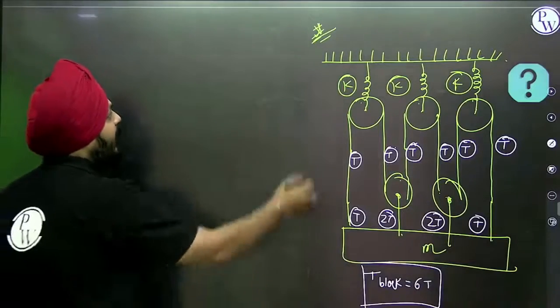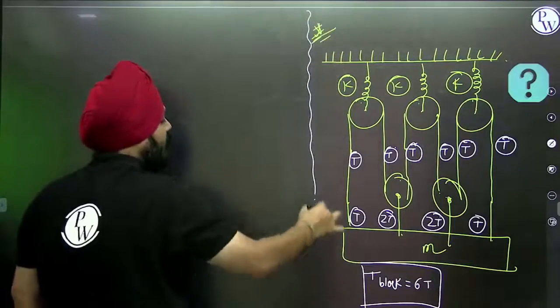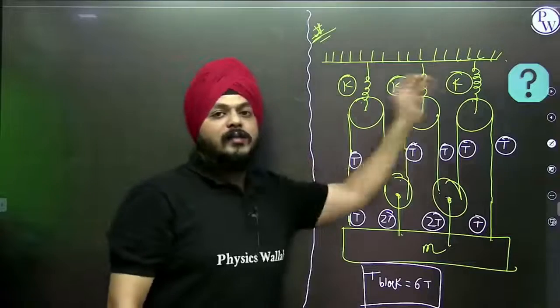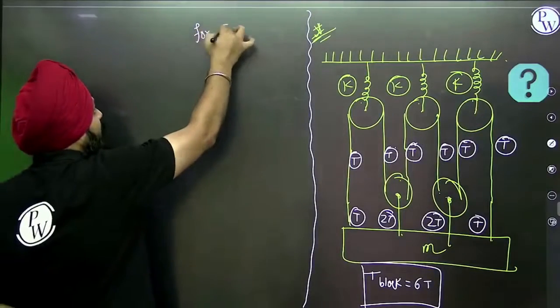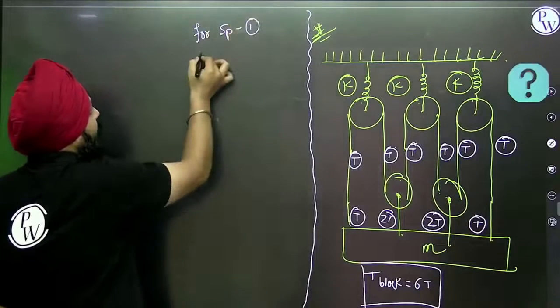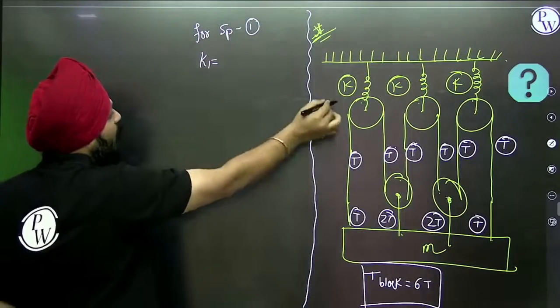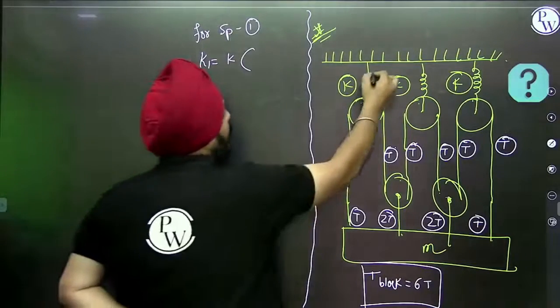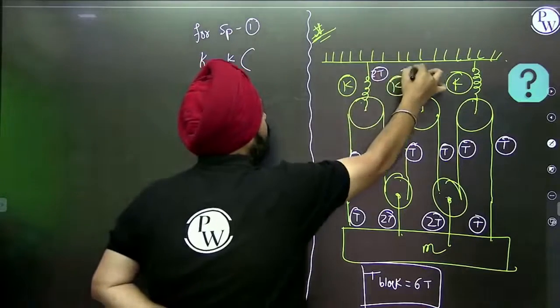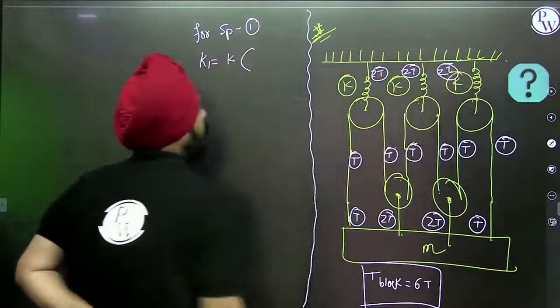How many springs are there? We are having 3 springs. We have to consider all in series, but the calculations are individual. For spring 1, K1 is equal to K of spring, that is K, into tension on block by tension on spring. All of the springs are having the same 2T, 2T, 2T.